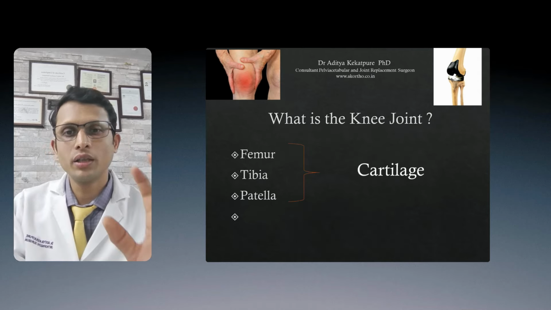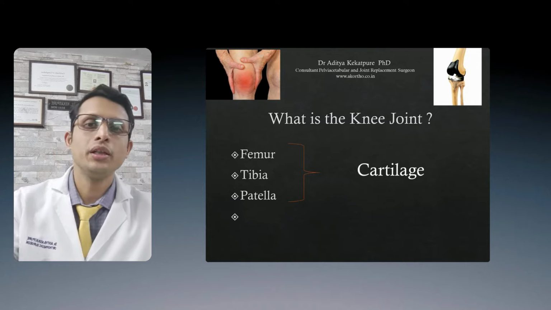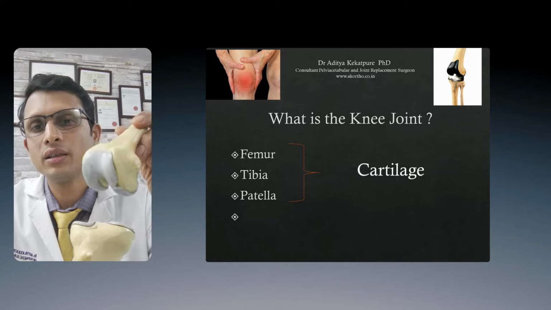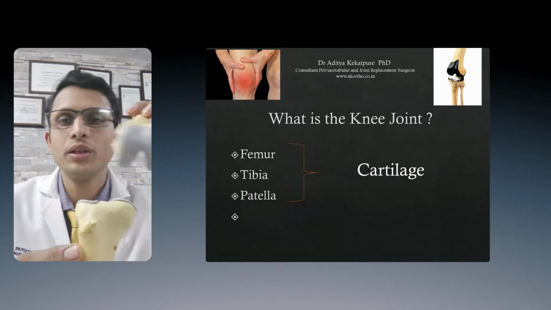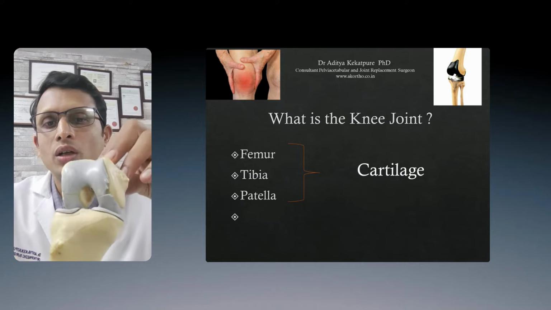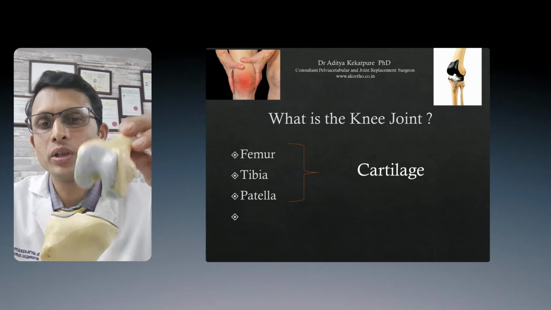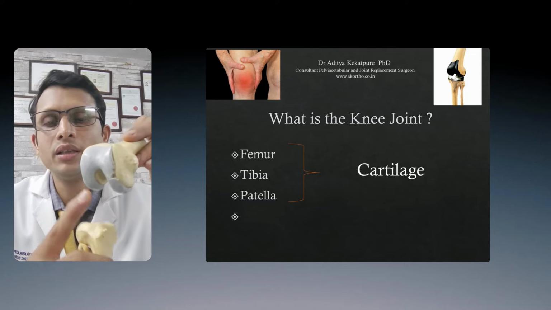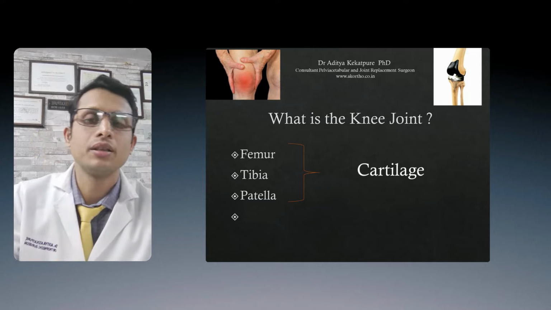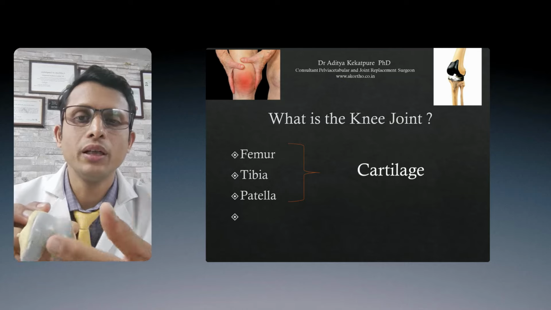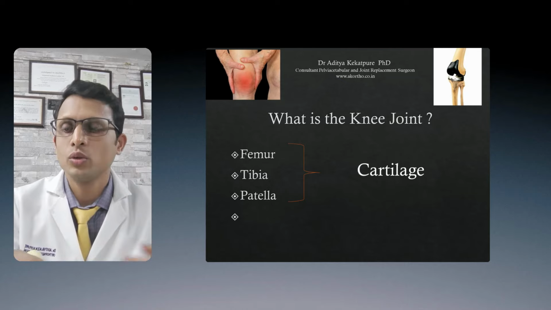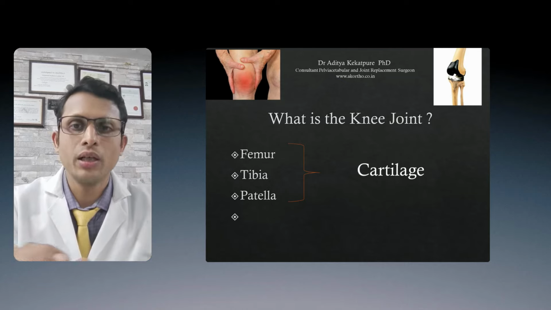Let us understand what a knee joint is. On this model you can see the upper bone, the femur, and the lower bone, the tibia, and this is how the movement occurs in the knee joint. This gray thing mimics the cartilage. Cartilage is a thin layer covering our two bones, present around all the joints.